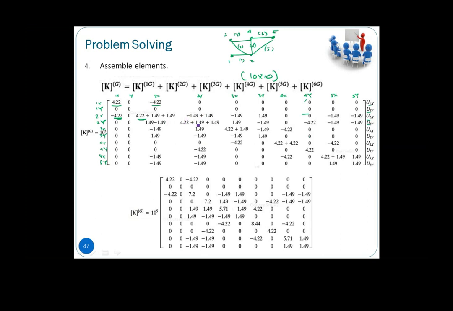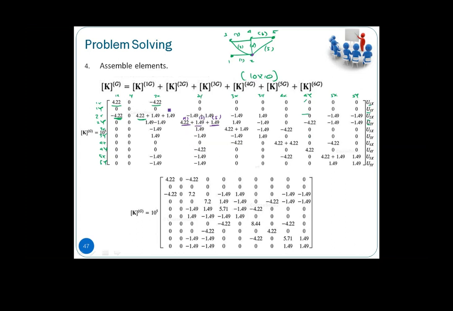We have here 4.22 from this element number 4, right? And element number 2, and element number 5. Okay, so this is covered by element number 4, number 2, number 5. So that gives us another so-called stiffness matrix for 2y.